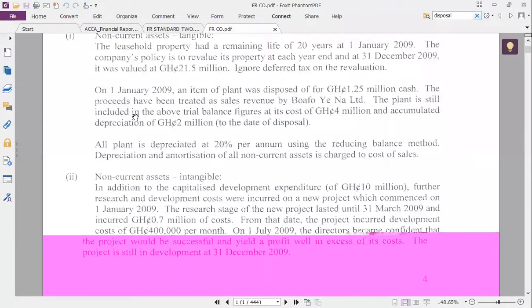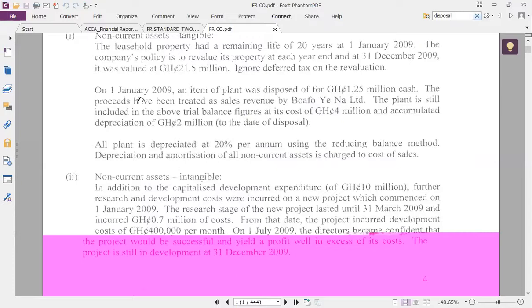On January 2009, an item of plant was disposed of for 1.25 million cash. That means the proceeds must be added to the cash.